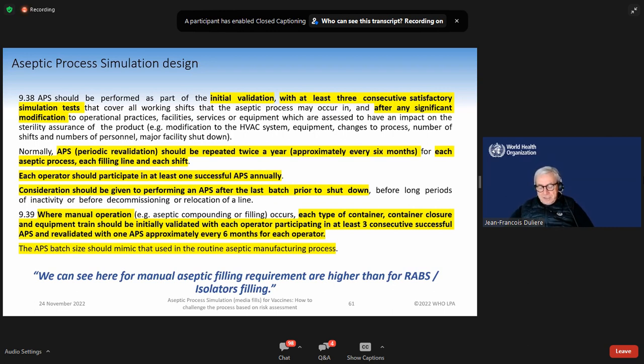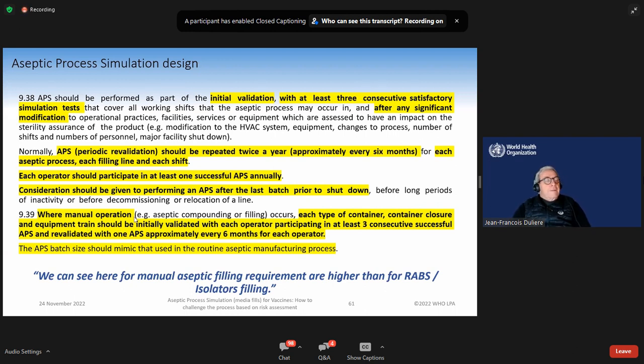They will do only aseptic process simulation around the year. That means that industry needs to think carefully on how to make this aseptic process simulation based on their knowledge, the process knowledge, their procedures, and everything around the processes.